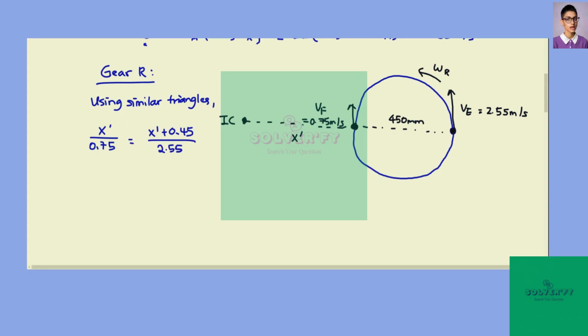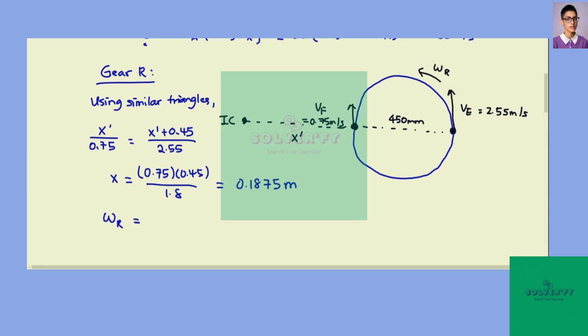Solving for x prime, we get x prime to be 0.1875 meters.